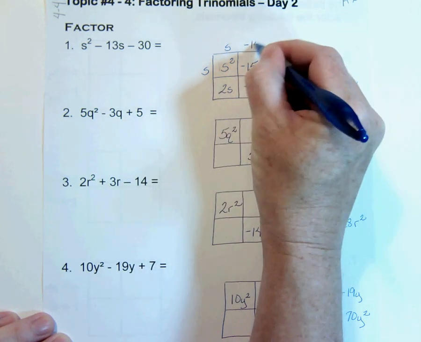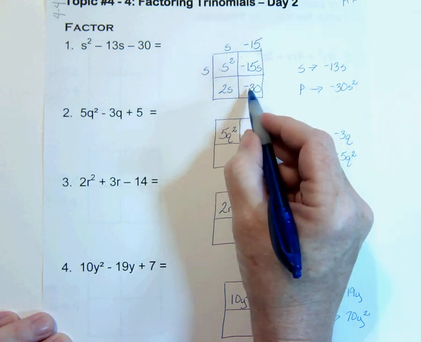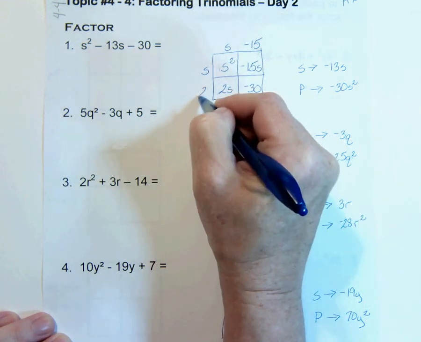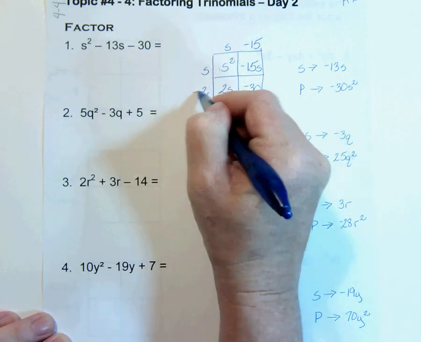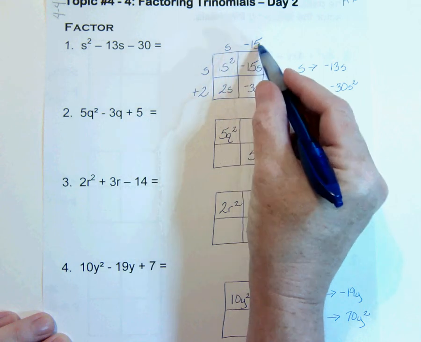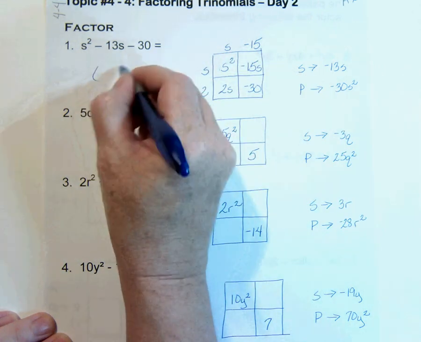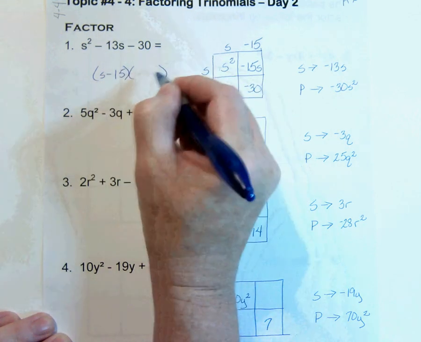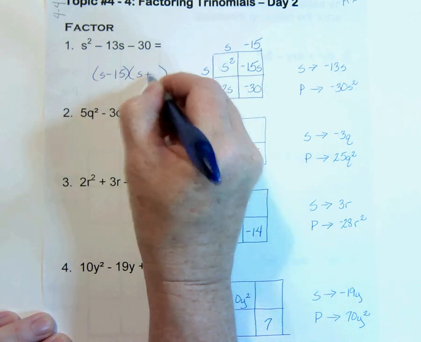That would be 15, and then this one would have to be a 2. This is positive. So you've created your binomials along the sides of your square, so you would write it in its factored form as s minus 15 and s plus 2.